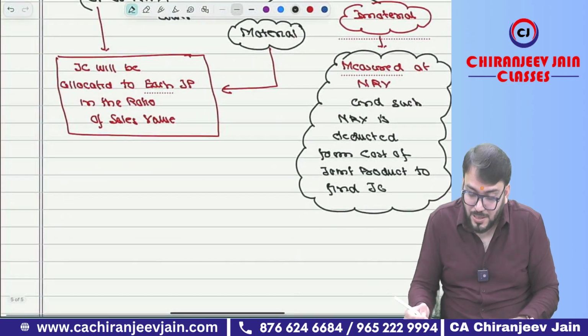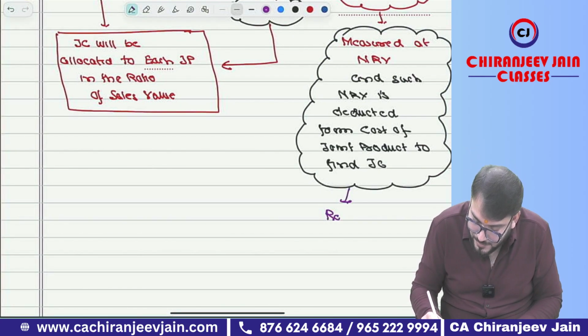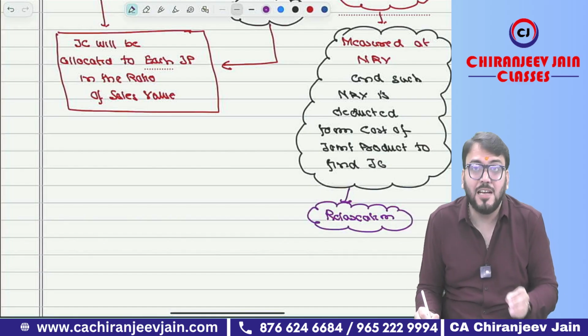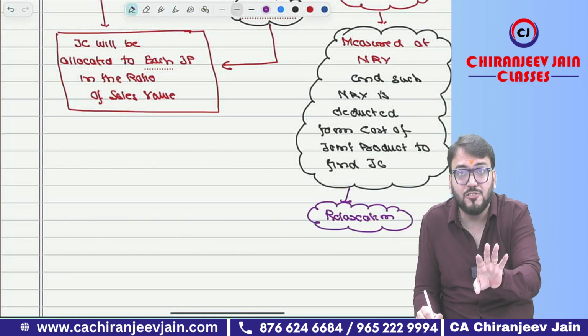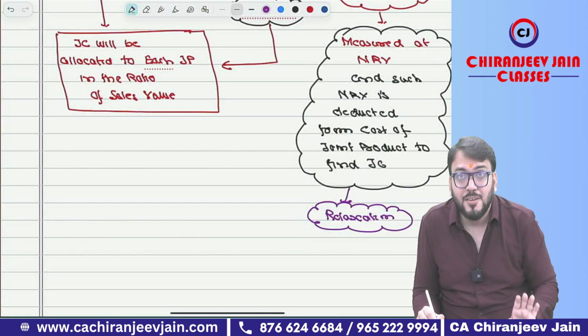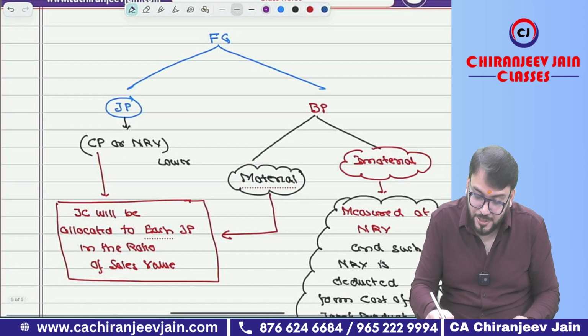Understood? So can you say here there is some relaxation? Some relaxation has been given. There is no need to find out cost price, only find out NRV and then reduce it from what? Joint cost, and then that joint cost will be allocated to joint products in the ratio of what? Sales value of each joint product. Got this point? Have you understood?